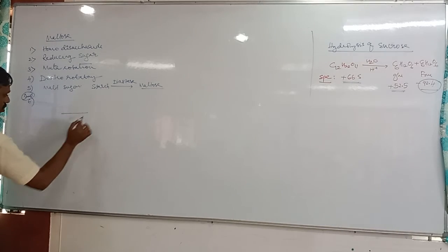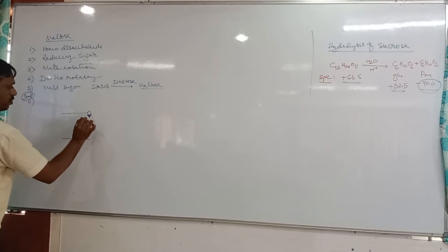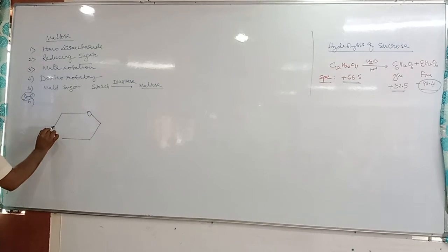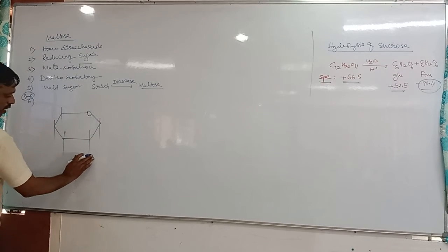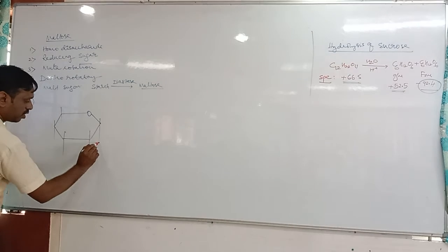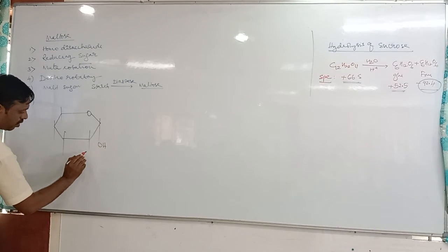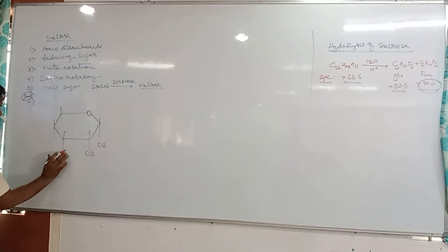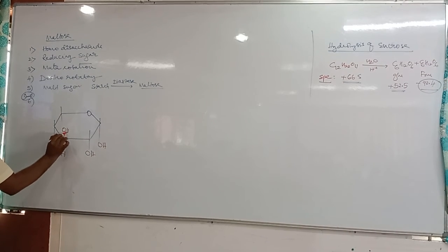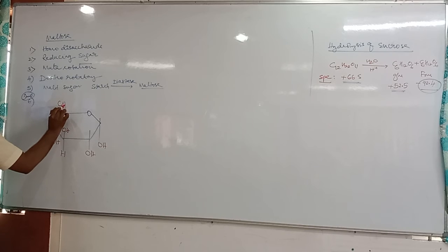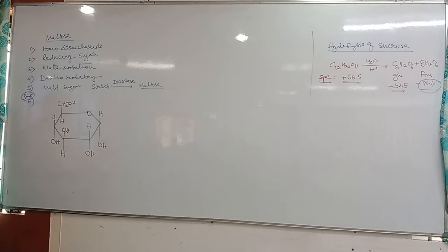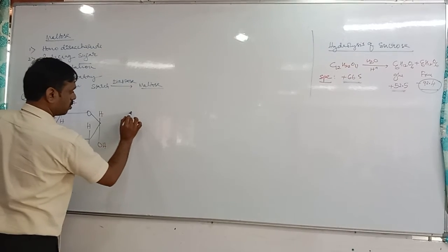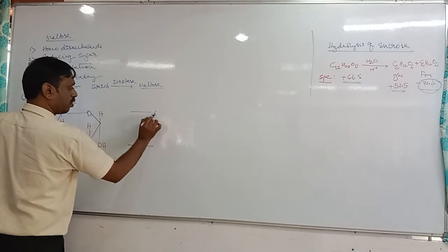So, to draw the maltose structure, we need to draw the first two alpha D plus glucose units. You draw the two alpha. In alpha, as we know, all the OH groups are below the plane except the third carbon. This is one alpha glucose, and another alpha glucose.